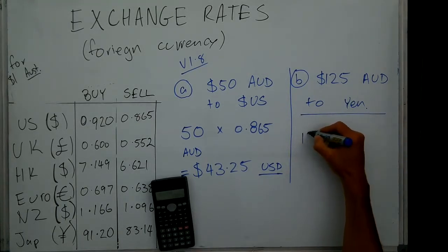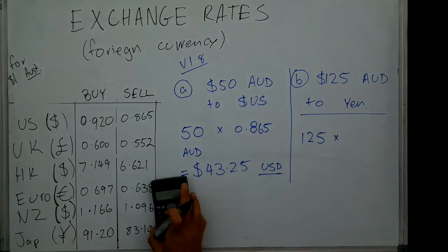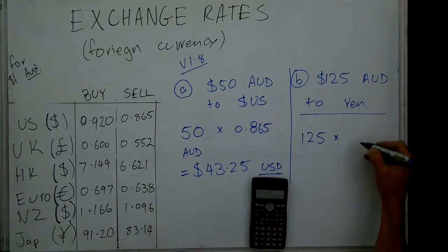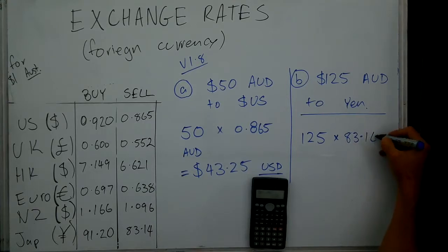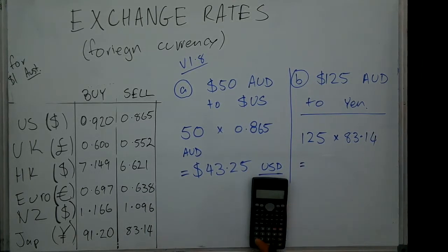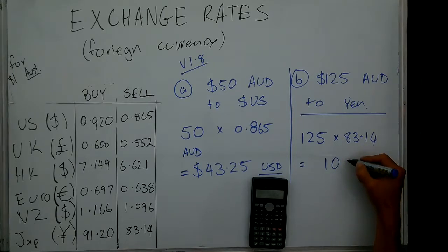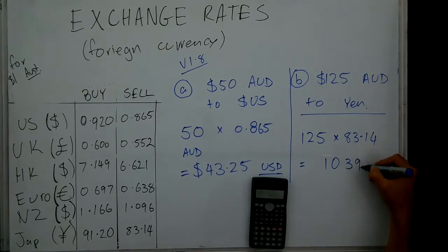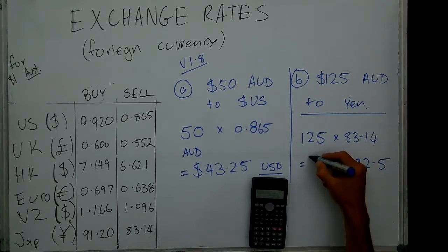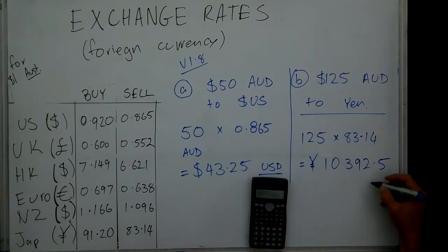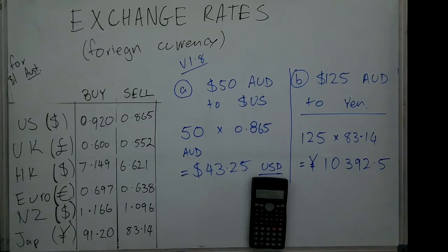So again, we're going to have 125 multiplied by the sell rate, which is right down here at the bottom, 83.14, and that equals 1,003.5, and I think the symbol of Japanese yen is something like that. There's our answer.